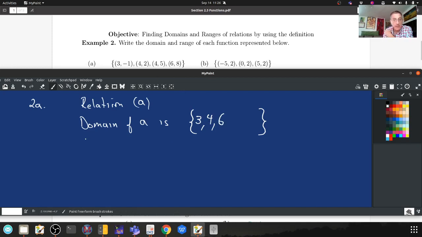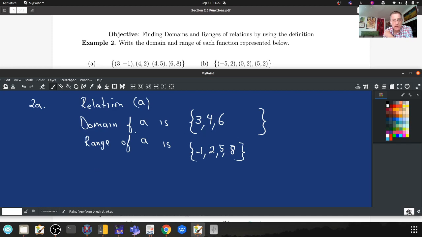So let's find the range of A. And again, it's going to be a set. And it's going to be minus 1 is going to be in there. 2 is in there. 5. And 8.